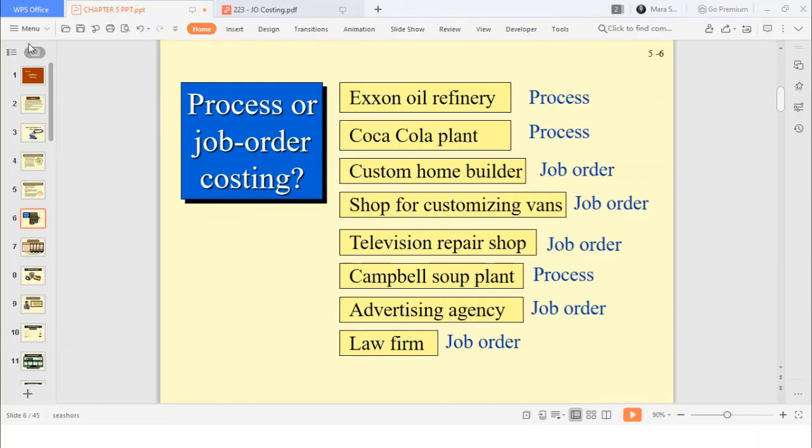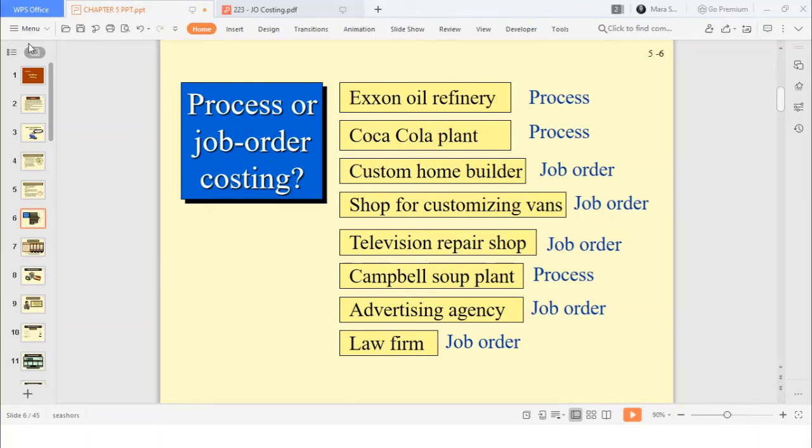Now, process costing is more on product-heavy: oils, Coca-Cola, soup, biscuits. What you usually see in the grocery are products made by batch or in large quantities, and they are homogeneous products. So mostly they make use of process costing.